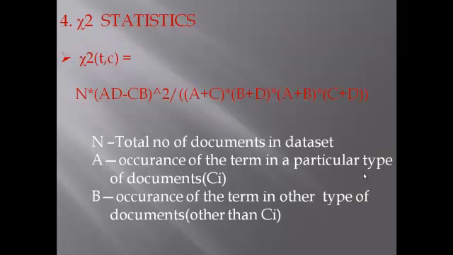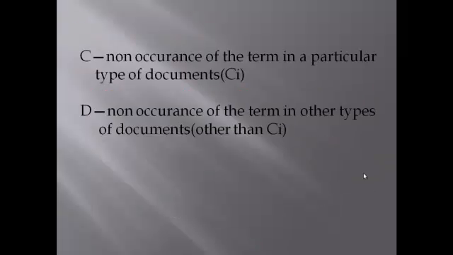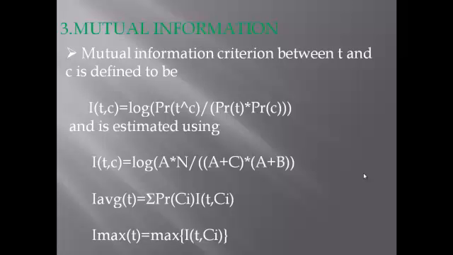Here N is the total number of documents, A is the occurrence of the term in a particular type of documents CI, B is the occurrence of the term in other types, that is the types of documents other than CI, and C is the non-occurrence of the term in a particular type of documents.